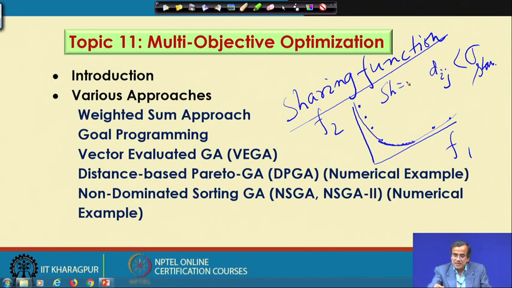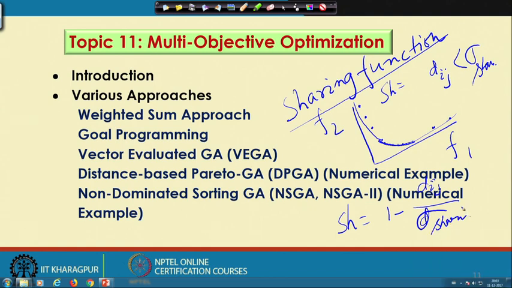The expression for sharing is 1 minus d_ij divided by sigma share, and I can also use the square term, there is no problem. If d_ij is found to be less than sigma share, otherwise the sharing will be 0.